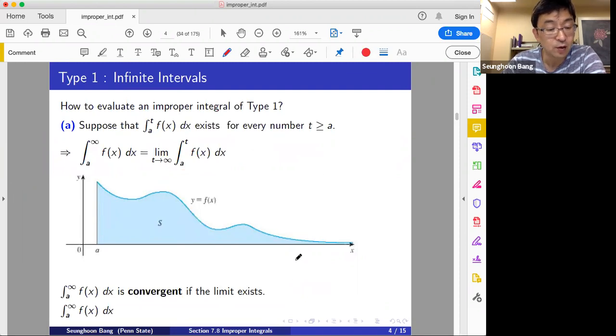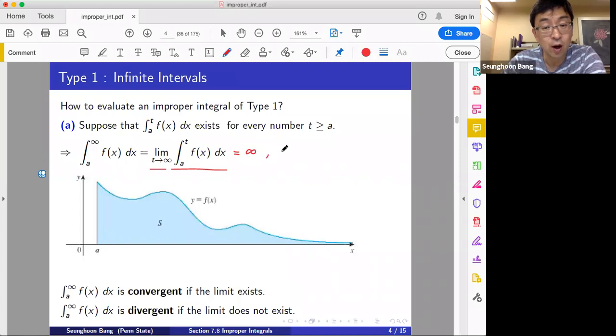The integral from a to infinity of f of x dx is divergent. What does it mean? The limit does not exist. You find the definite integral and take the limit, and the answer is infinity or negative infinity, or the limit is oscillating. In this case, it is divergent.